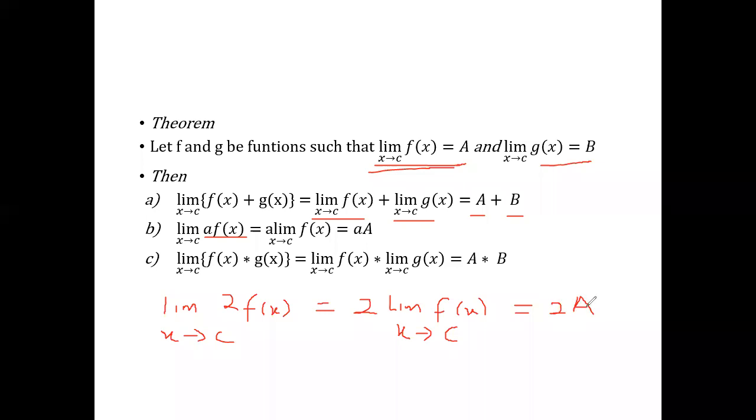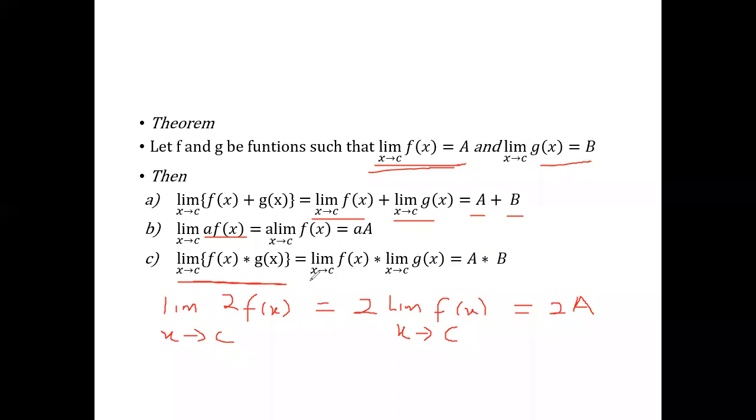The same way, if we are finding the limit of the product of two functions, then it's going to be the limit of the first function as x approaches c times the limit of the second function as x approaches c.